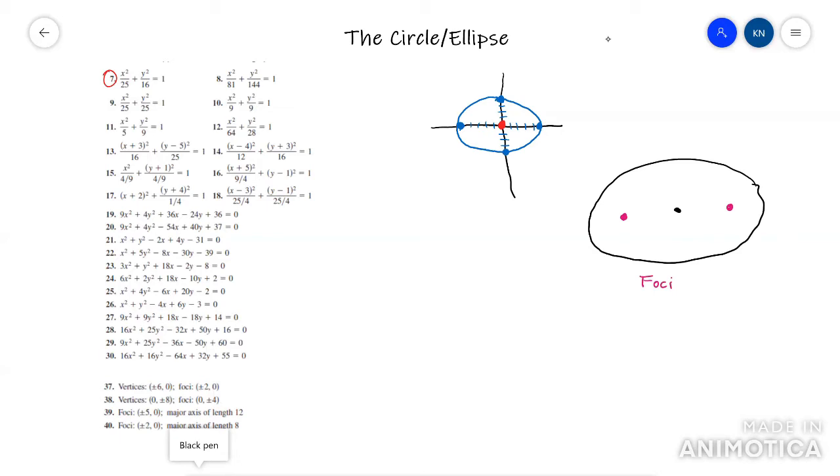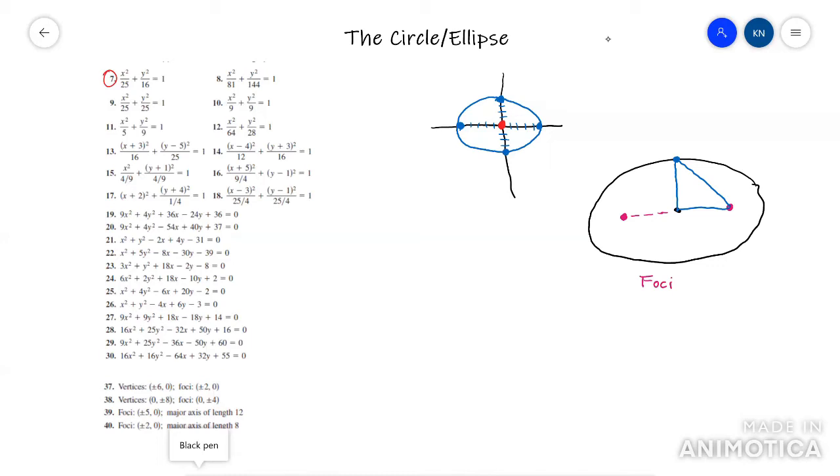And often you're going to need to know this distance from center to foci. It's an important thing to find. So the way you do this is you have to imagine a triangle with your minor axis to center, to foci, and then back.